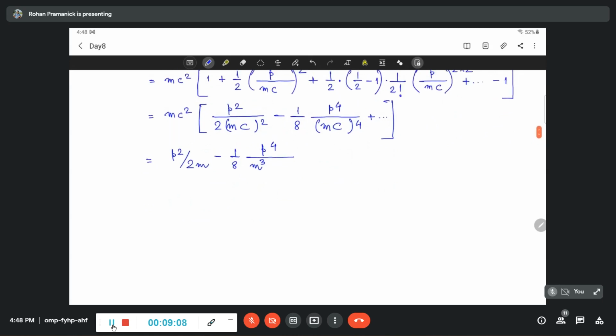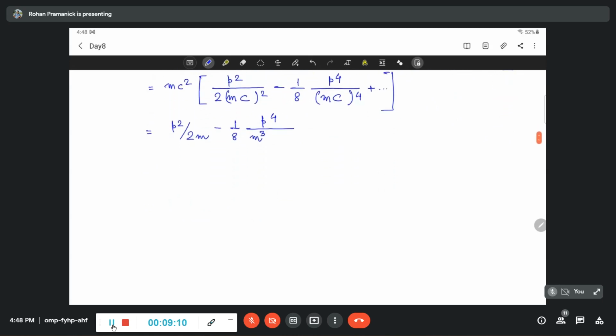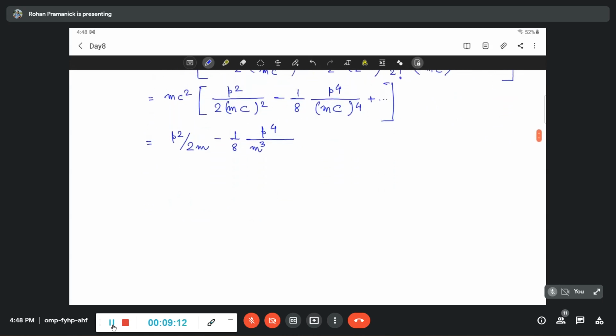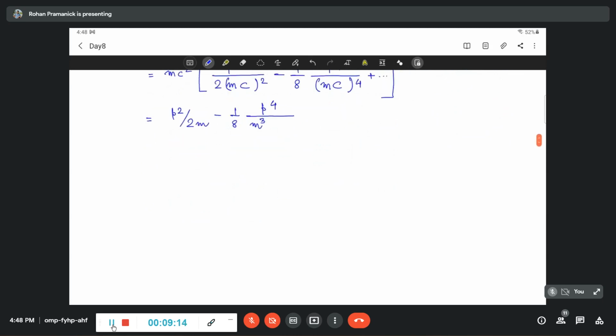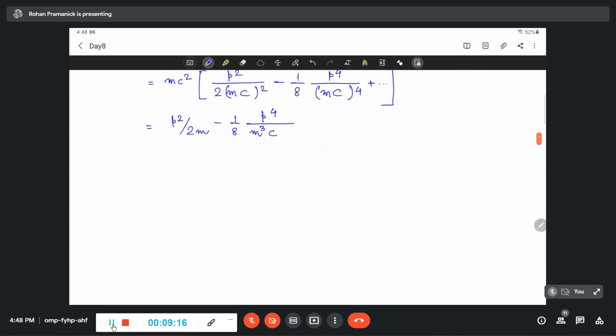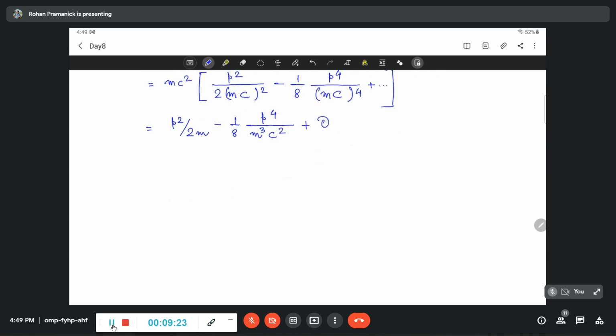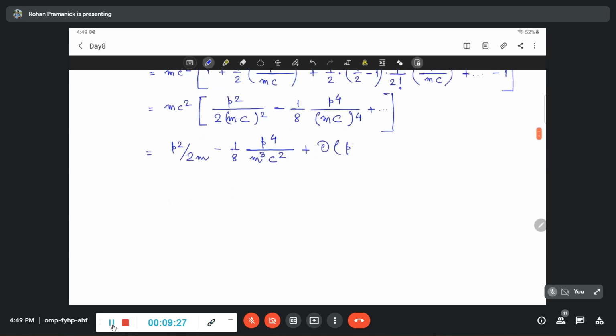So see, when you know the answer, then you can write this p squared by 2m. Okay, fine. So this is m cubed, and this is c to the power 4 and c squared. That cancels out to be m cubed c squared plus order p to the power 6 corrections, which we will not take into account.